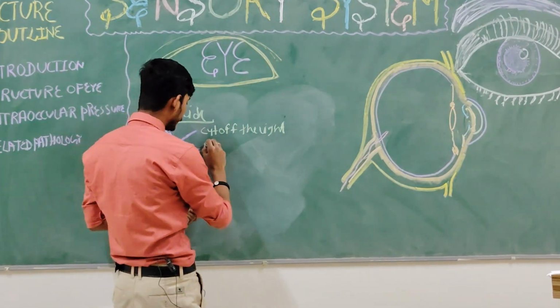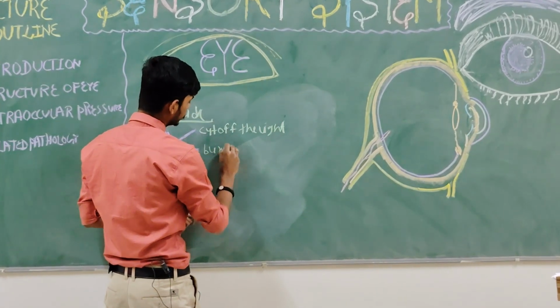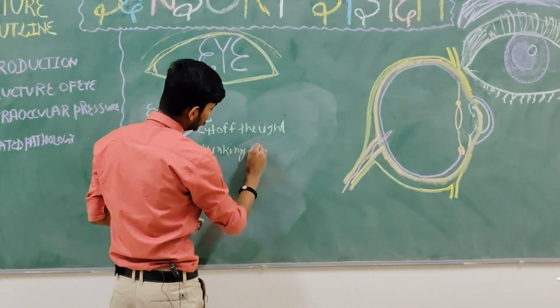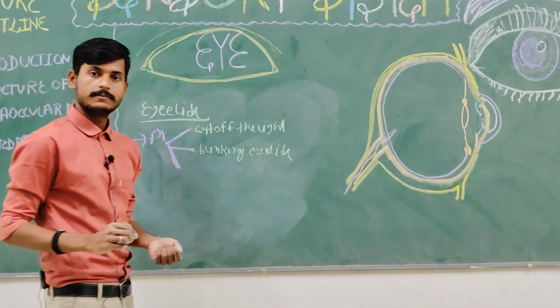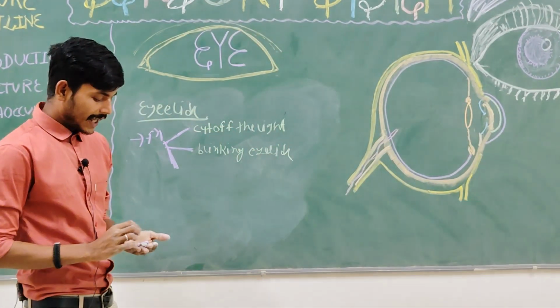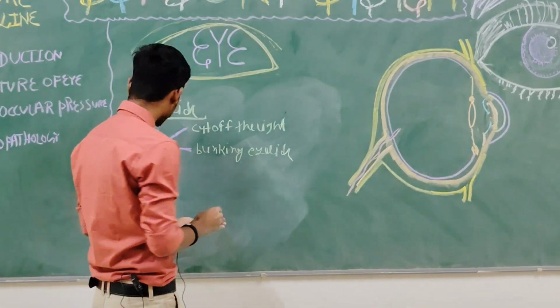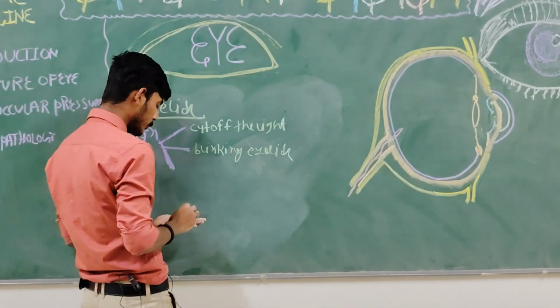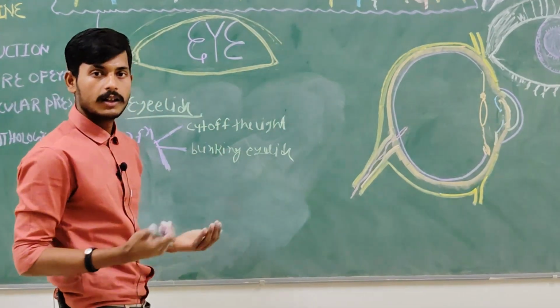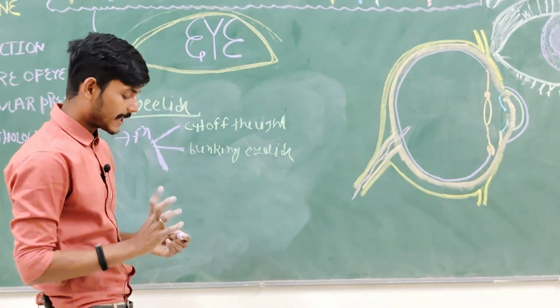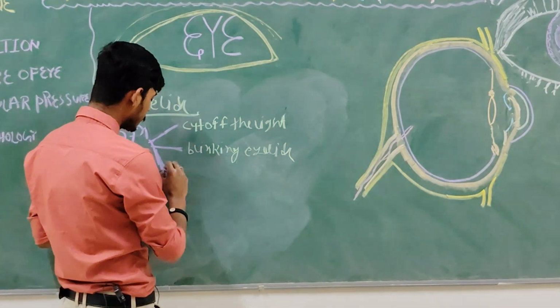Blinking of eyelids. And next is helping the eye to produce the tears, or we can say helping the lacrimal gland more specifically to produce the tears.